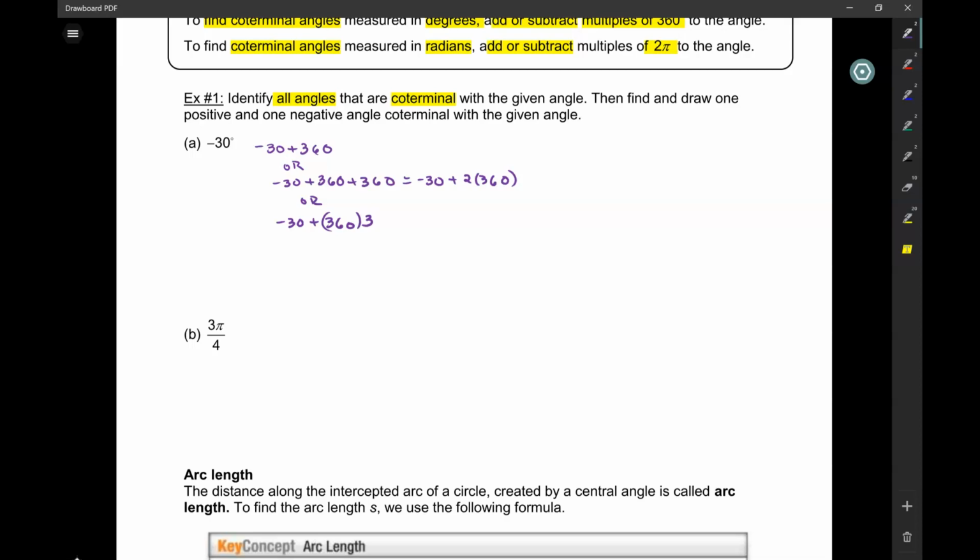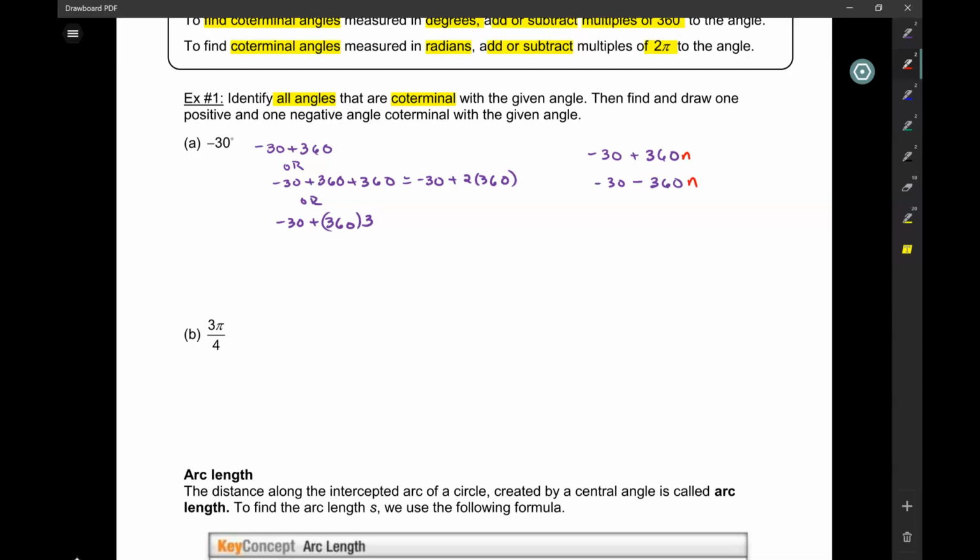So in general, I can write that as negative 30 plus 360n. What that n means is you could add as many 360s as you like. All right? Now, could I also have subtracted 360s? Yeah, I could also do negative 30 minus 360 times n.